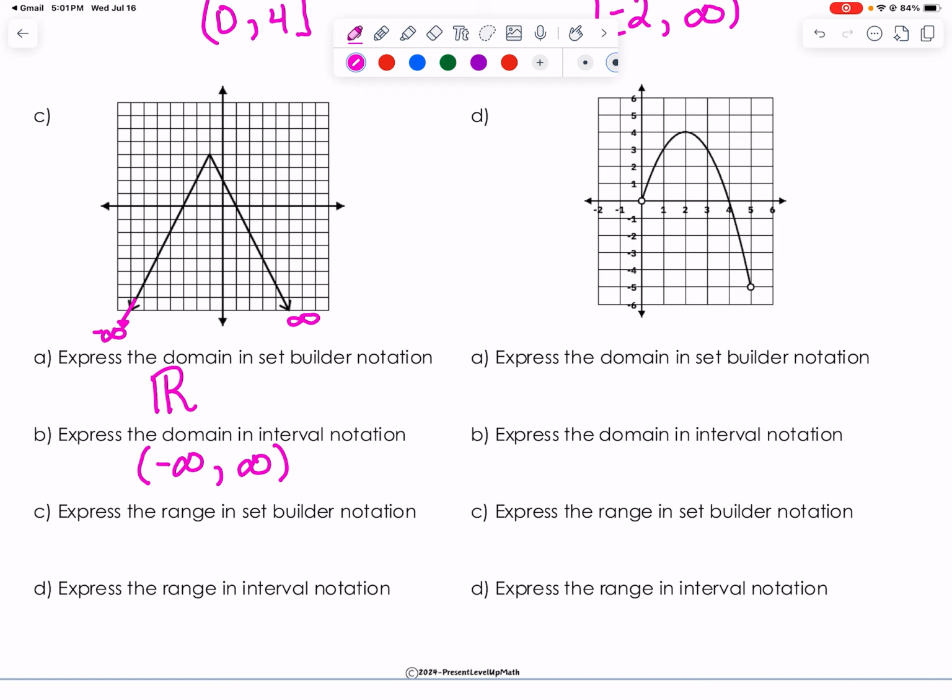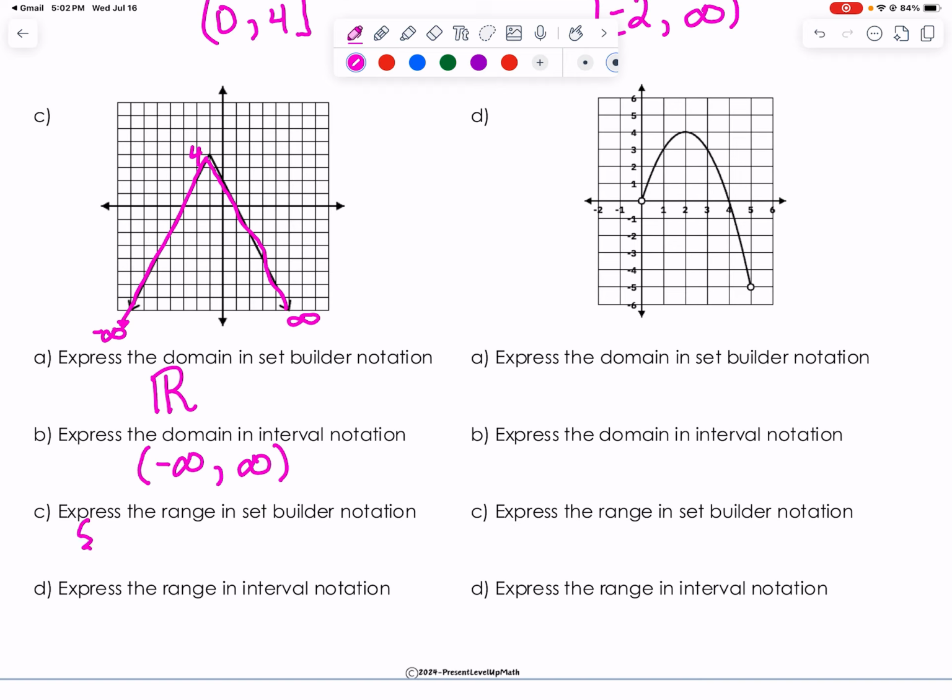Now, for the range, we need the lowest value, which is negative infinity, and the top value, which is 4. So that means that this V-shaped function can only contain y values that are less than or equal to positive 4.